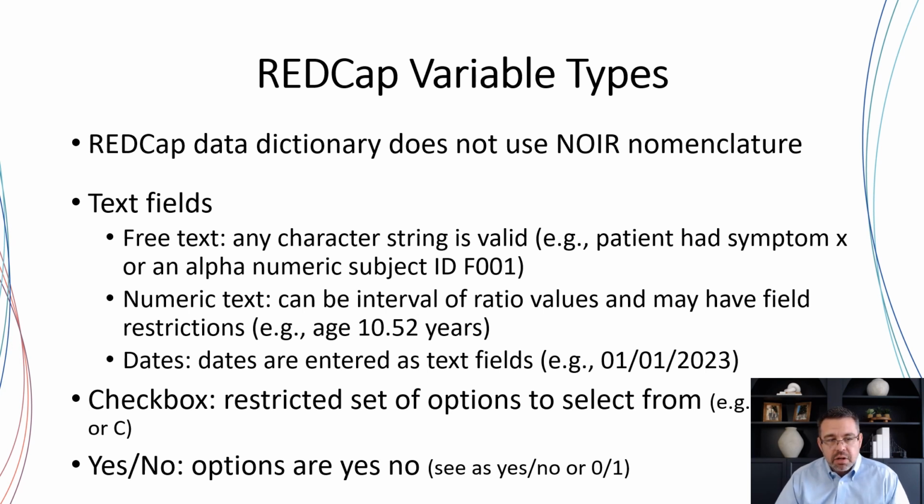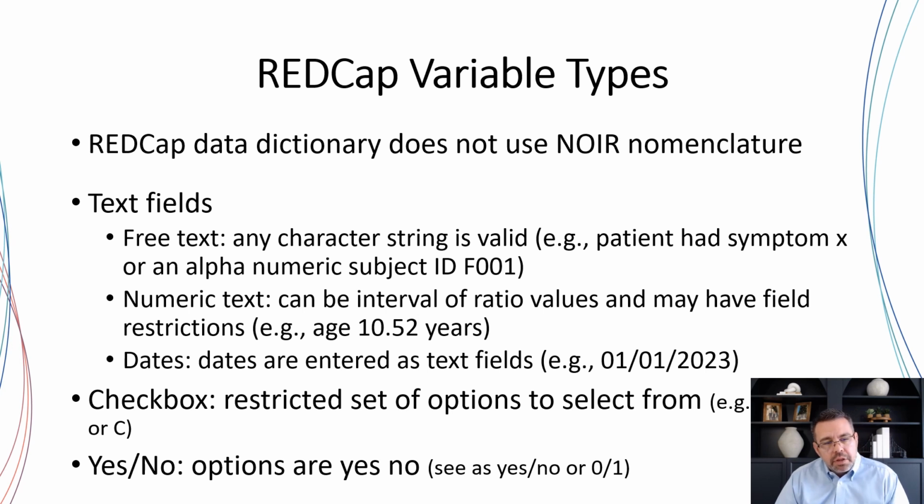That is just a variable where you're restricted to a set of given elements to select from, right? So you'll have a checkbox, and your drop downs are A, B, and C, right? And so you have to select either A, B, or C. If it's a required field, those will be guaranteed to be entered. If it's not required, then it can be left blank.